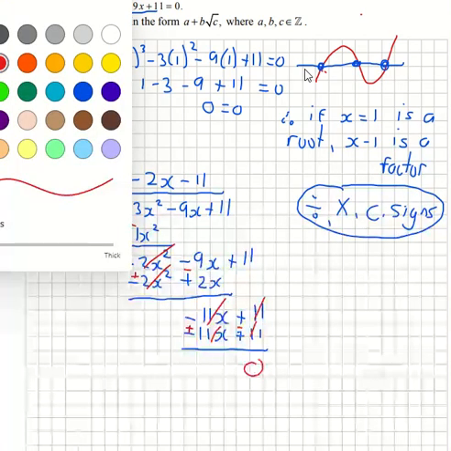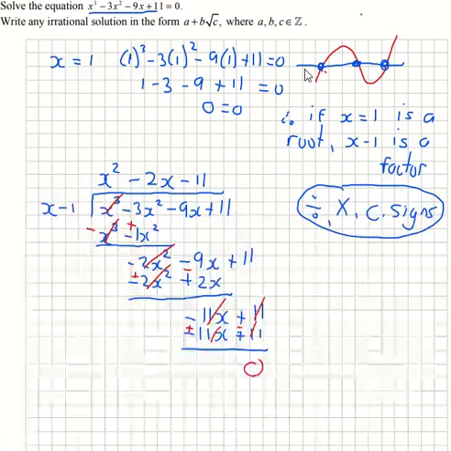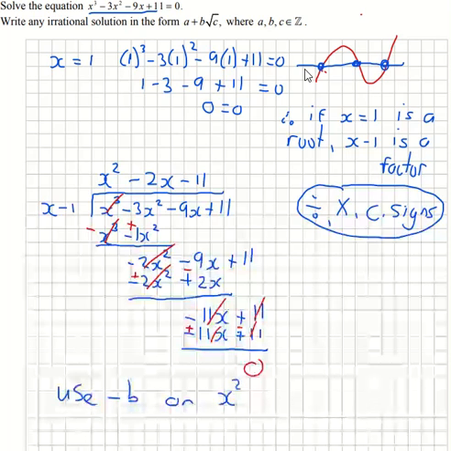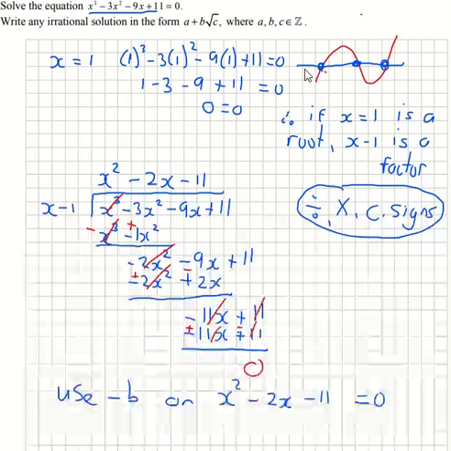So how does that help us then find the other root? We use minus b on the quadratic up here. So use minus b on x squared minus 2x minus 11 equals 0. And if you're a Leaving Cert higher level math student, you shouldn't need any help with the minus b. That should give you two answers of 1 plus 2 root 3.